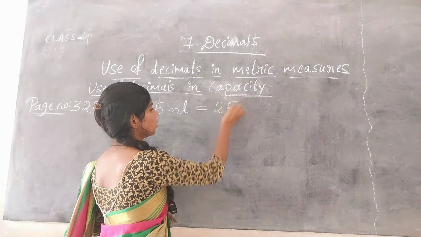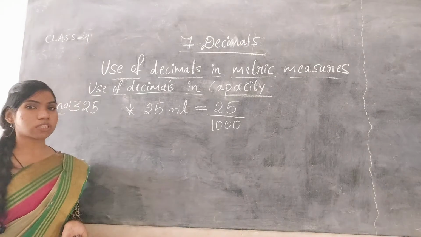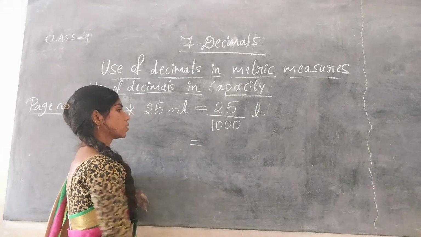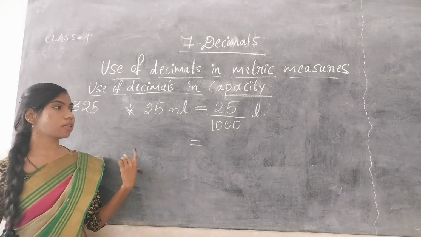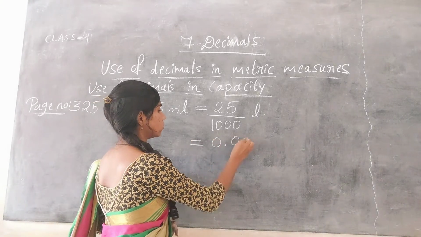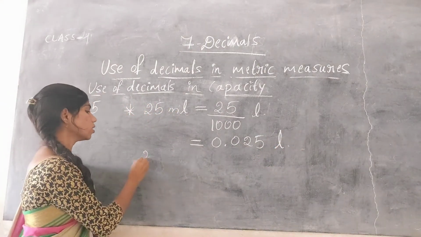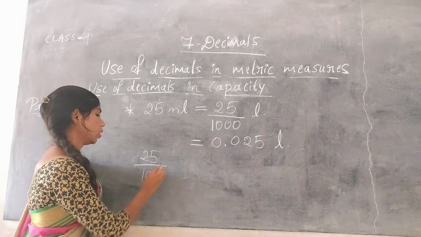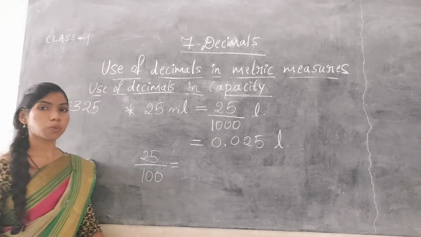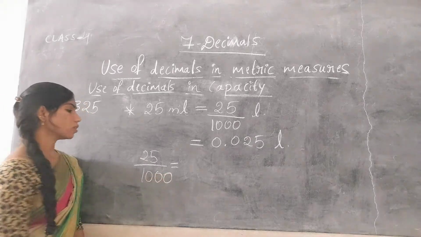So 25 by 1000 of a liter. In decimal fraction we can write it as 0.025 liters.